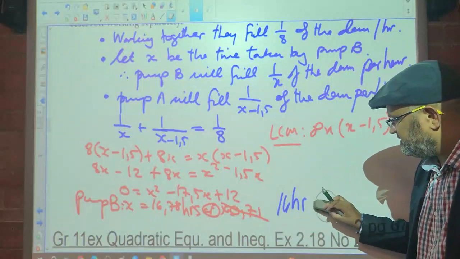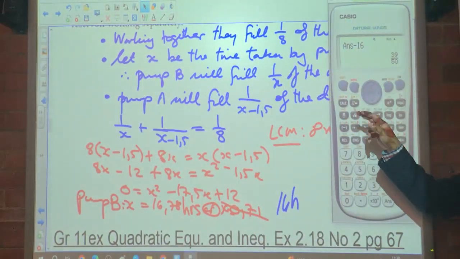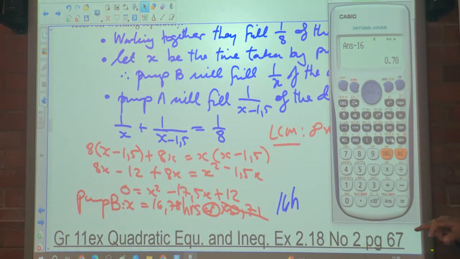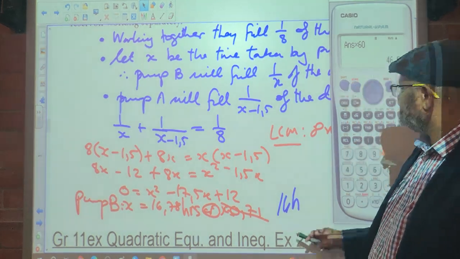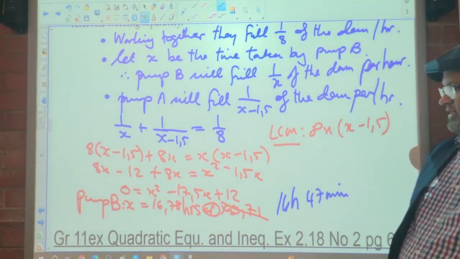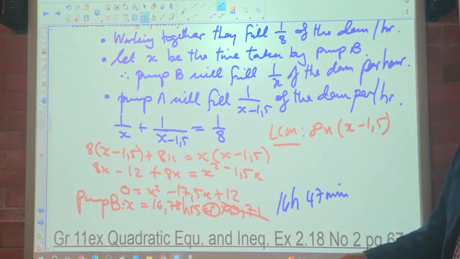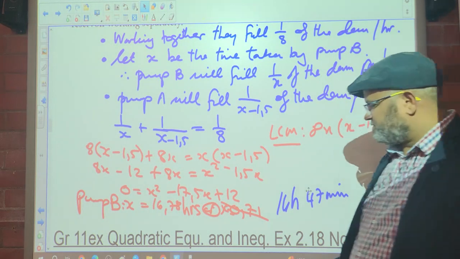Now remember, this is 0.78 of an hour. How many minutes are there in an hour? 0.78 times by 60 gives me 47 minutes. Okay, if the question was convert that to minutes and hours. Okay, but that was the question.